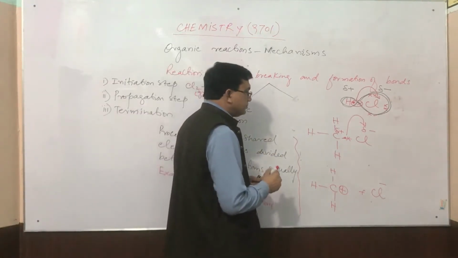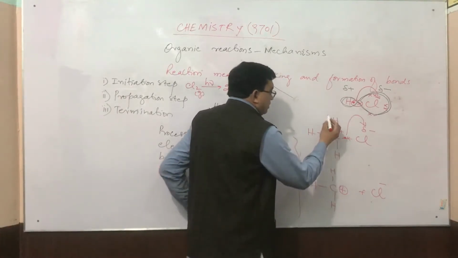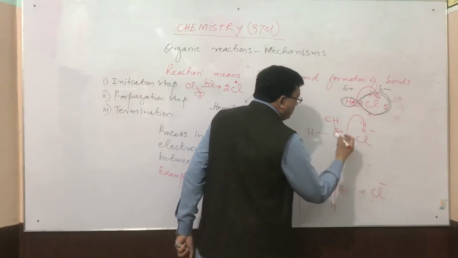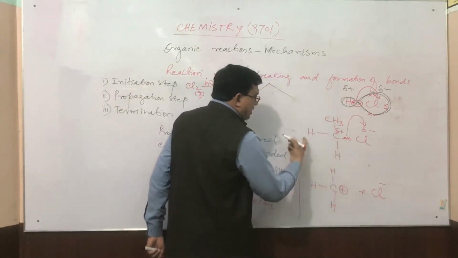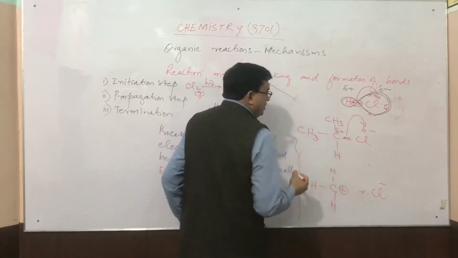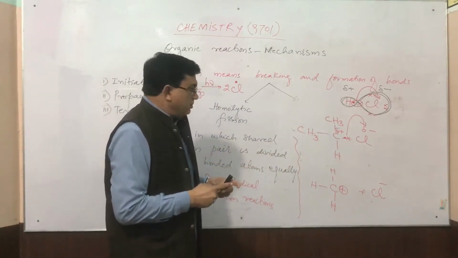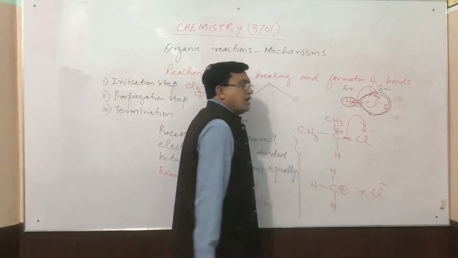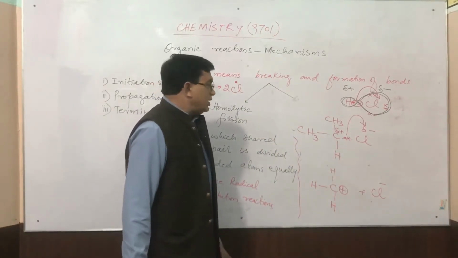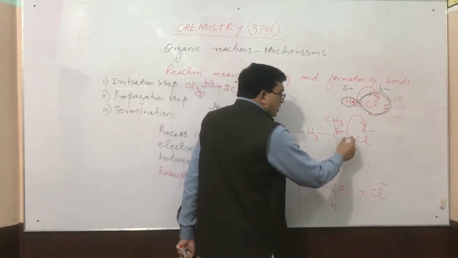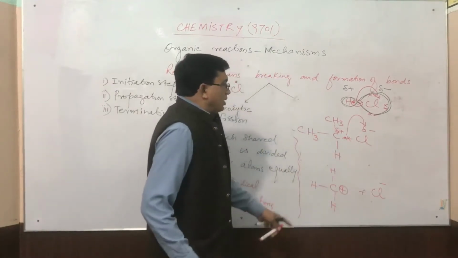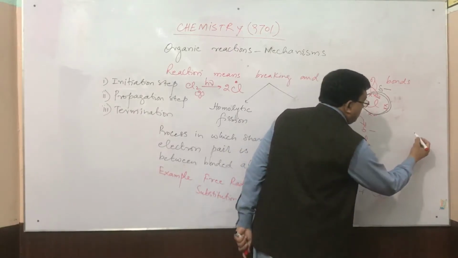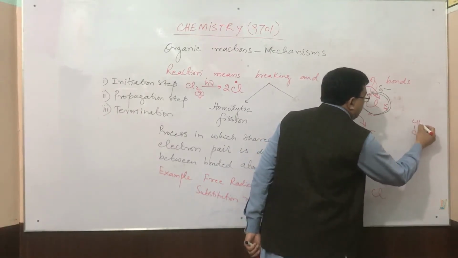But if the carbon having the halogen is directly attached to two carbon atoms, then such a halogenoalkane is called a secondary halogenoalkane, and due to the breaking of the bond, a secondary carbocation will be produced, that can be represented just like this.